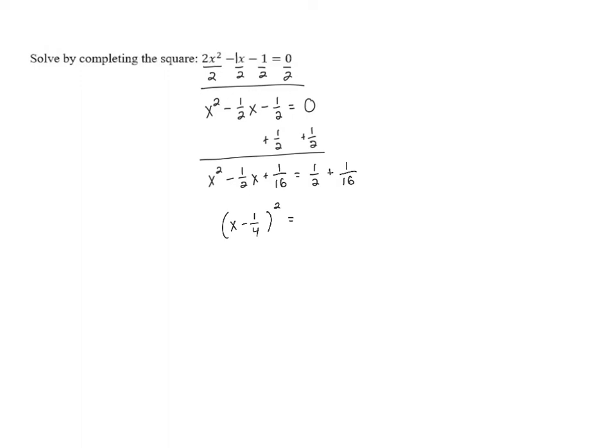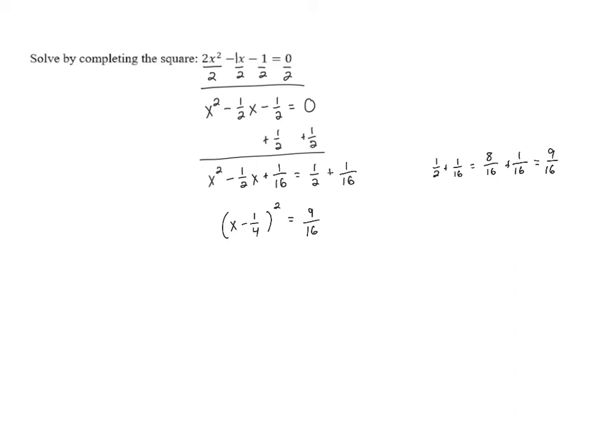And on the right, to add 1/2 plus 1/16, we're going to need a common denominator, which is 16. 1/2 becomes 8/16 by multiplying the top and bottom by 8. And 1/16 remains the same. 8/16 plus 1/16 equals 9/16. So on the right-hand side, we end up with 9/16 when we add those together.